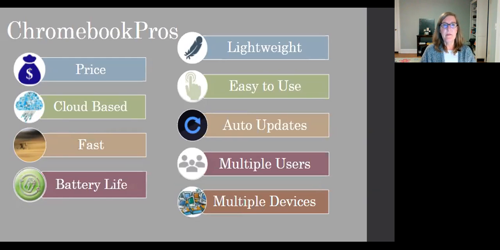Chromebooks are typically very easy to use. As Lori showed, they're very simple to set up. They're very straightforward. But in addition, they have a lot of ports and you're able to connect different devices to them. And they're very intuitive. So if you've ever tried to hook up a wireless printer or anything to your laptop, sometimes you have to download drivers.